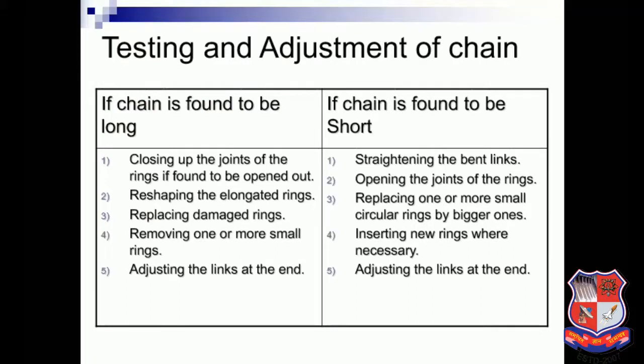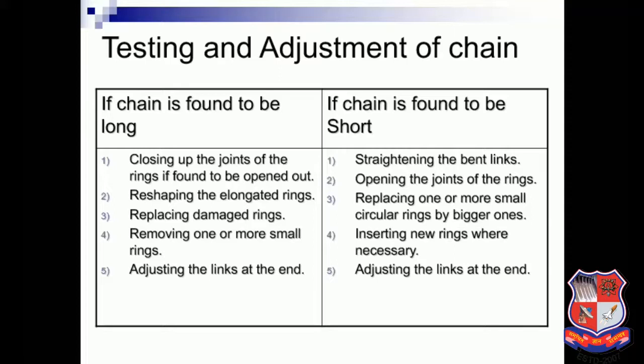Now, testing and adjustment of the chain. If the chain is found to be long, what factors are to be considered, and if the chain is found to be short, which factors will be considered. First, if the chain is found to be long, then close up the joints of the rings if found to be opened out. Second is reshaping the elongated rings.